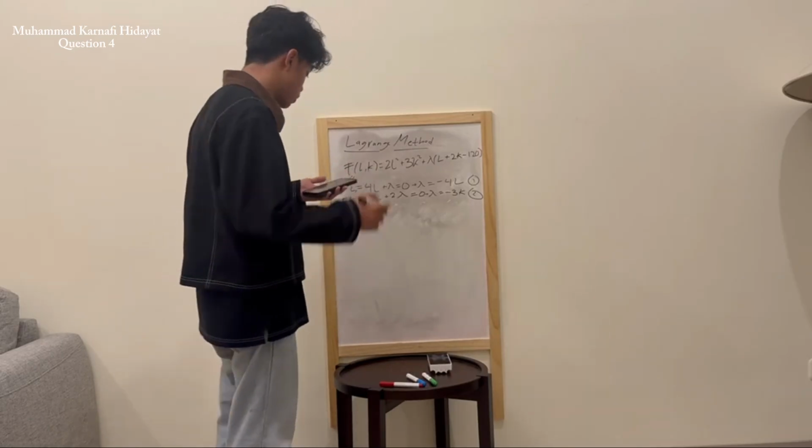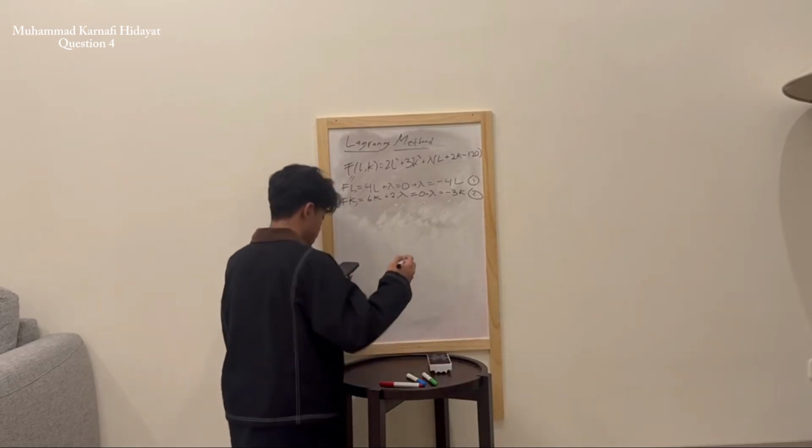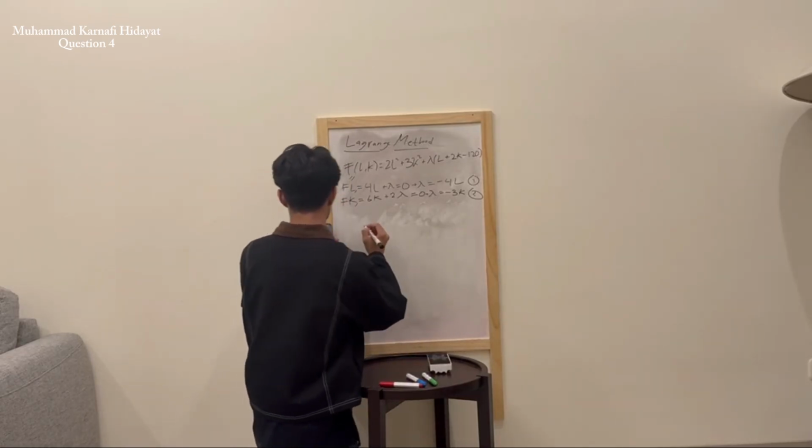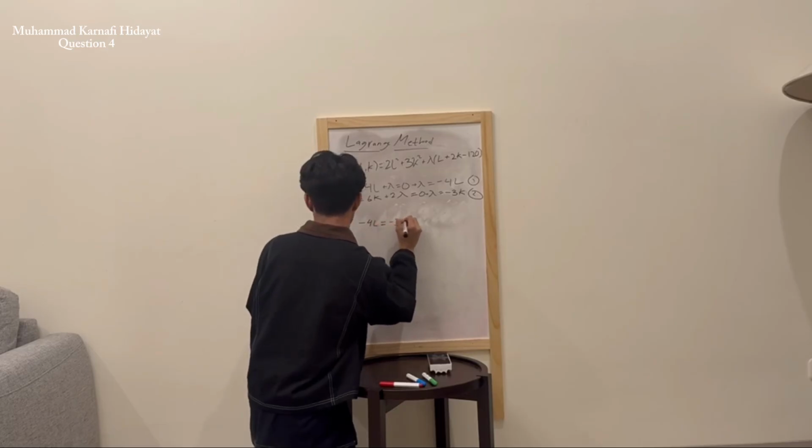Since both are equal to lambda, I will set them equal to each other, which is minus 4L equals minus 3K.